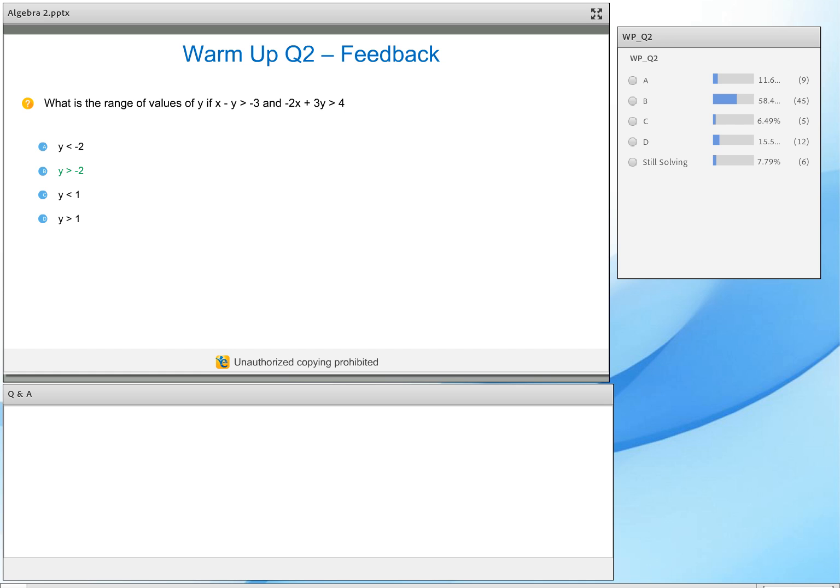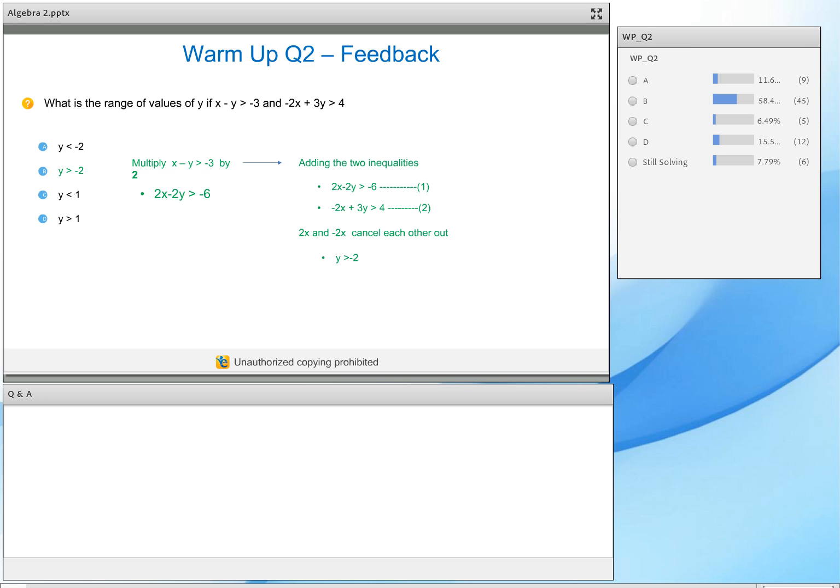And how do you do that? Try to bring both inequalities into the same form. Then you add the two inequalities. You have to bring them into the standard form. What you get is y is greater than minus 2. The only thing you're doing here is bringing both inequalities into the same form to make sure that you can do operations on them.